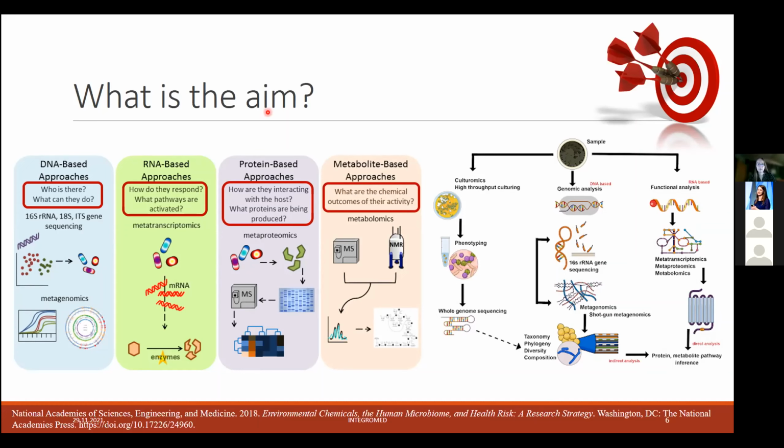Therefore, we would use protein-based approaches or metabolite-based approaches. Again, we just should ask these questions for ourselves to find the aim. And when we know what we want to look at further, we can prepare for this during the study design and also during the sample collection.